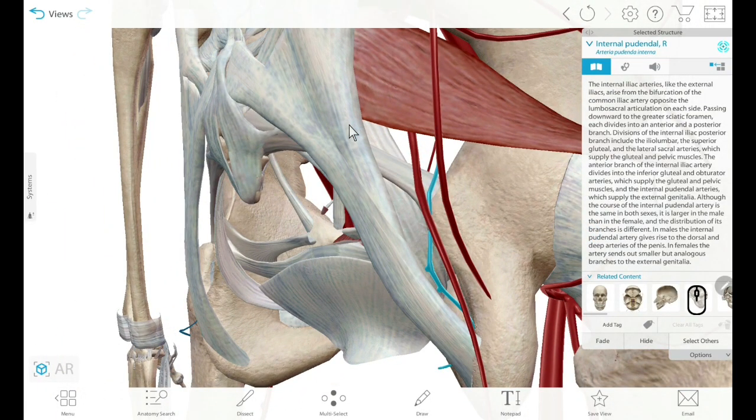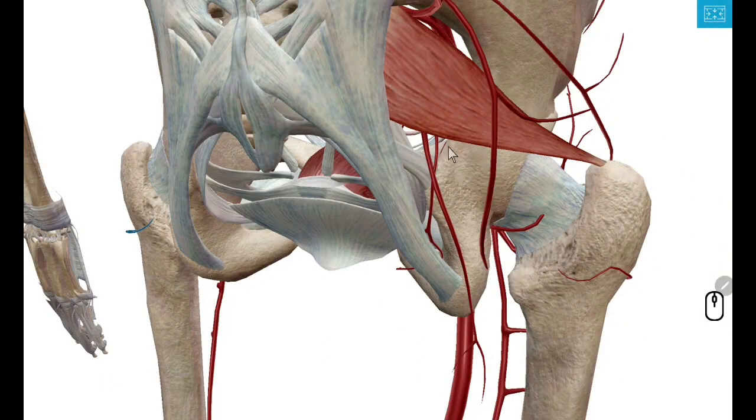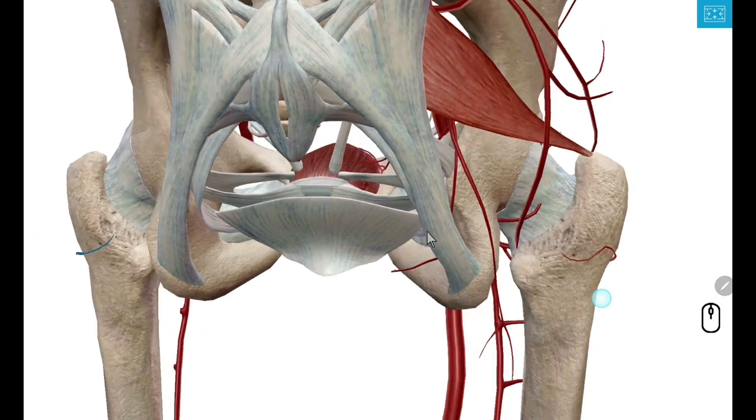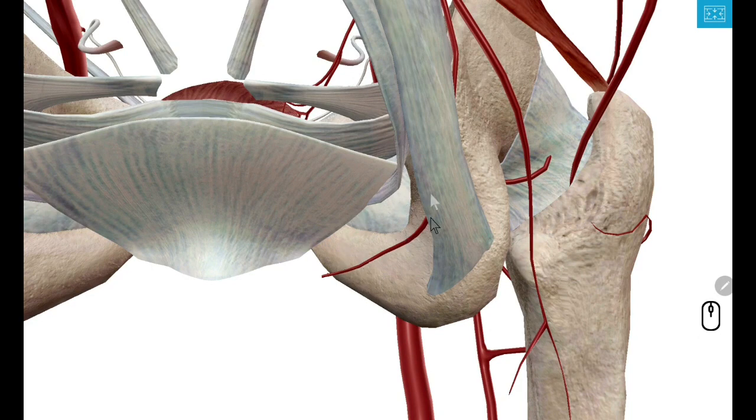This structure over here is the lesser sciatic foramen. So this artery, first crossing the greater sciatic foramen and then the lesser sciatic foramen, is known as the internal pudendal artery. And in our video on the ischioanal fossa, I said that the obturator foramen is covered internally by the obturator muscle, which is covered by the obturator fascia, and there is a fascial canal in the obturator fascia for this internal pudendal artery, and this fascial canal is known as the Alcock's or the pudendal canal.